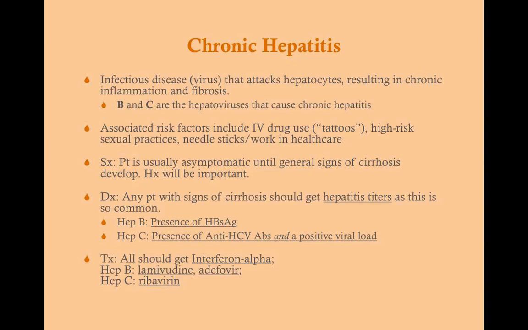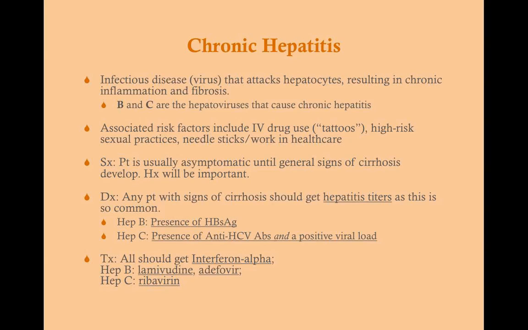Hepatitis B and C are the hepatoviruses that can cause chronic hepatitis. You can get acute Hep B and acute Hep C, but you can't get chronic Hep A. Hepatitis A is a foodborne illness, so that does not cause chronic hepatitis. But hepatitis B and hepatitis C can both cause chronic hepatitis. They don't always cause chronic hepatitis. Sometimes it'll just be acute hepatitis, but they can cause chronic hepatitis.